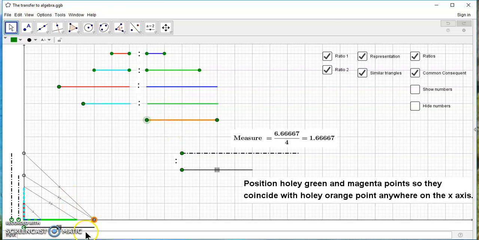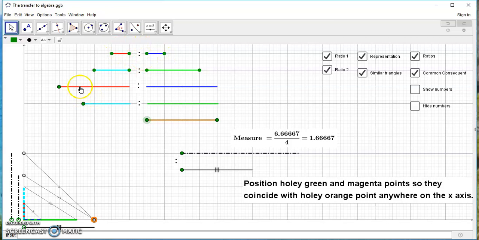So now both these two top ratios have the same consequent. And we could choose any particular ratio of equal magnitudes to be the unit, right? Once we've done that, we can start assigning names. For example, we could call this first ratio the representation of 1.